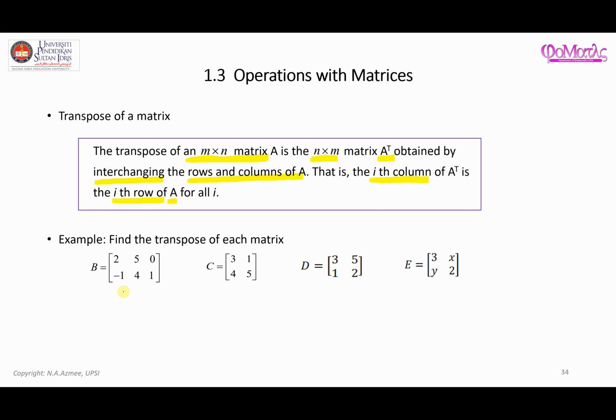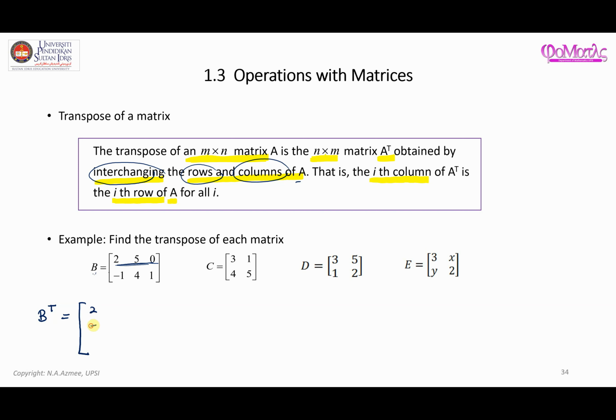How can we find the transpose of matrix B? As it says here, you are going to interchange the rows and the columns of the matrix. So in this case, our matrix is B. This is the row, and you're going to change it, and it will become the column. This is the first row, so the first row will become the first column in this matrix.